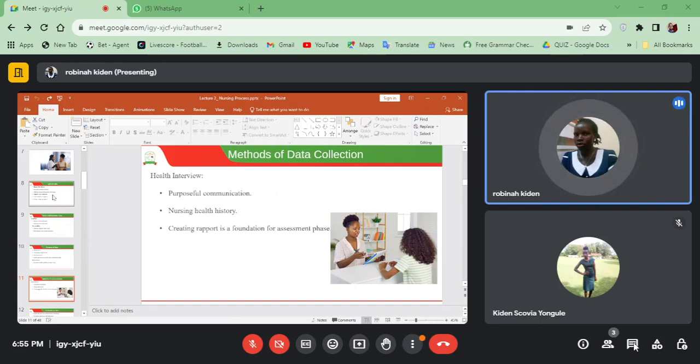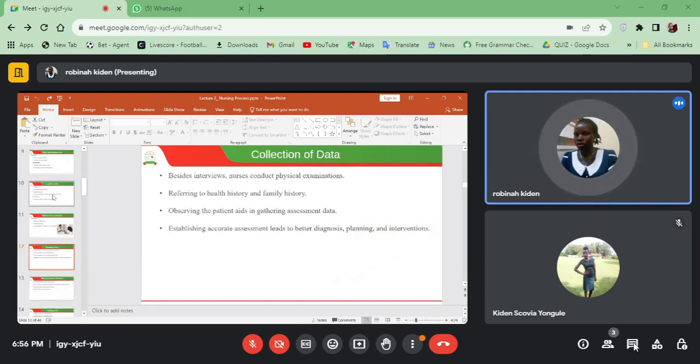So you make an appointment with the patient that I'm coming to interview you. So she will also be ready, and as you interact with the patient, you can get information from her. So right there in that picture, you can see that a nurse is having her pen and a file ready to note down anything that the patient tells her.